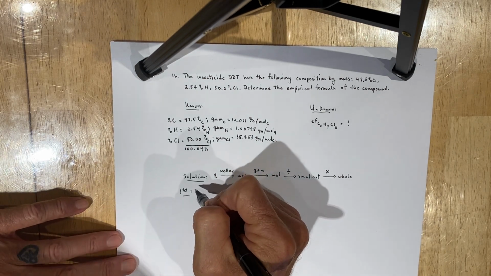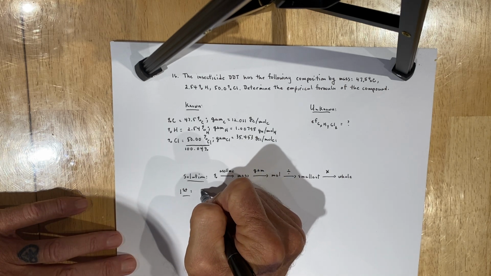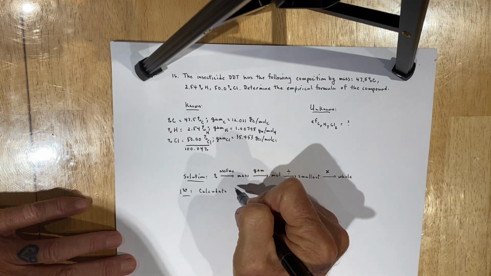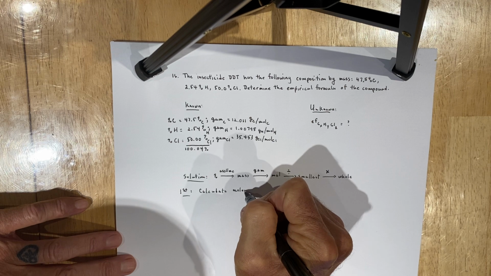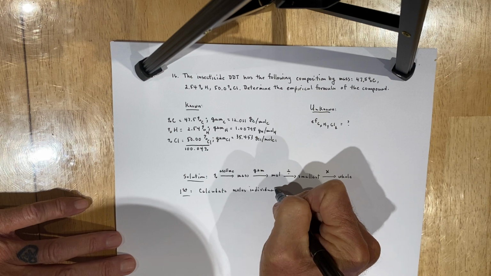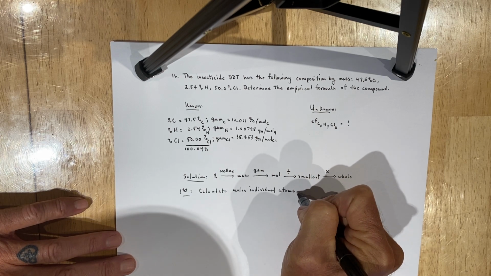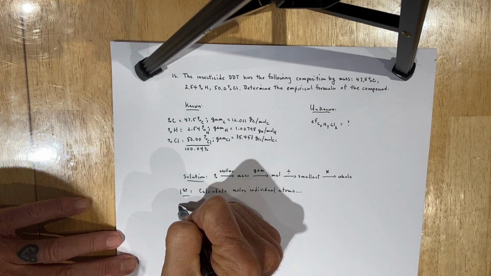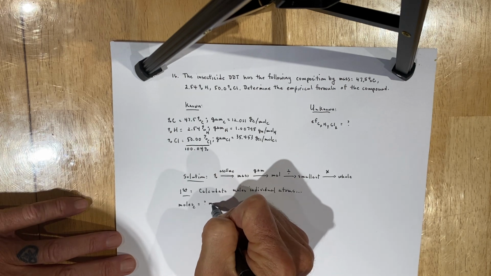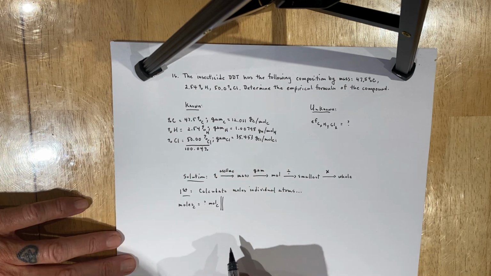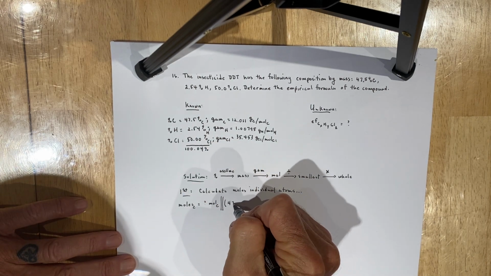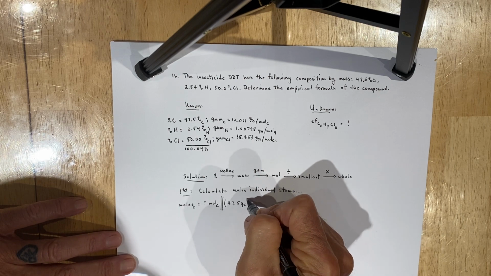That being said, the first objective is to calculate the moles of individual atoms that you have in the compound. So in other words, you're going to calculate the moles of carbon in some units of mol of carbon, and you're going to do that by assuming 47.5% is 47.5 grams of carbon.